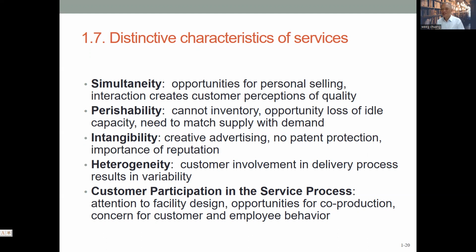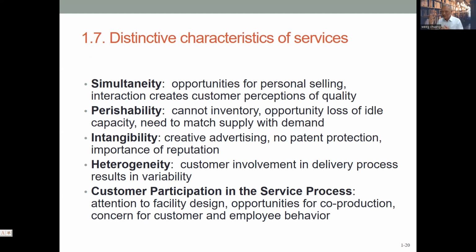And next feature is intangibility. Intangibility means creative advertising, no patent protection, importance of reputation. So intangibility means service cannot be touched. So you need to make the customer have more sense about your service.